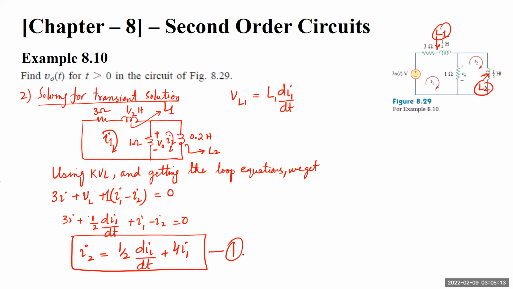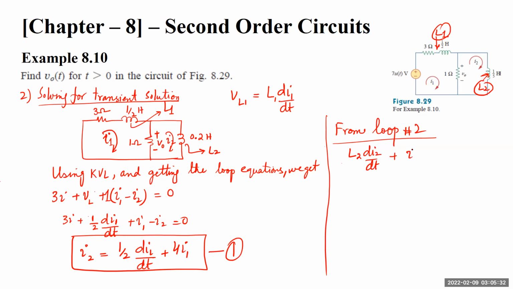From loop number 2, we get L2 di2 by dt plus (I2 minus I1) times 1 equals 0.